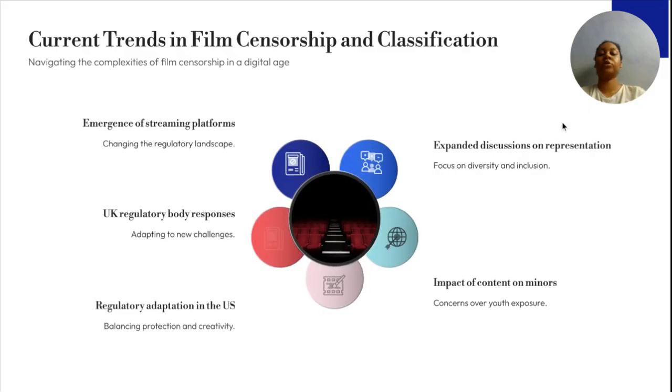So there are current trends in film censorship and classification. So the emergence of streaming platforms has changed the regulatory landscape. So streaming services are not like films released on DVD or on the big screen.